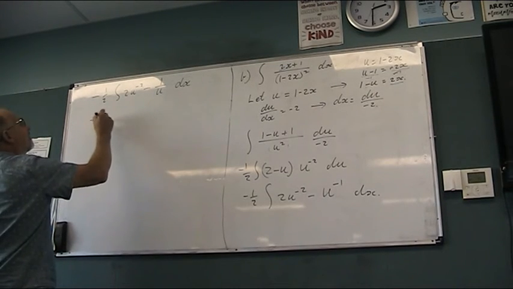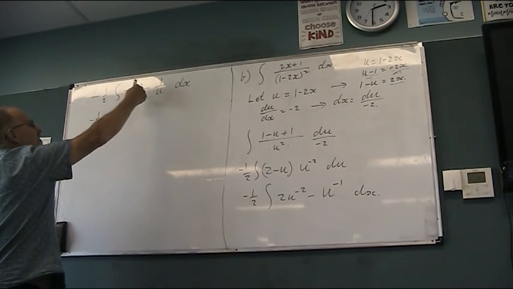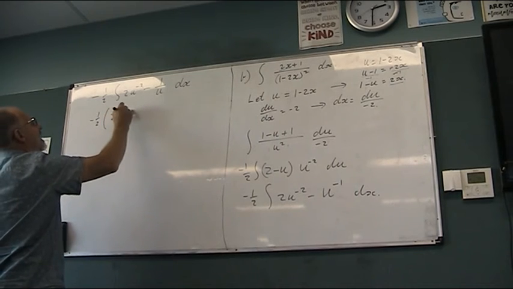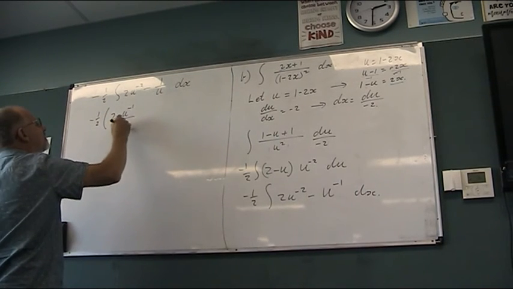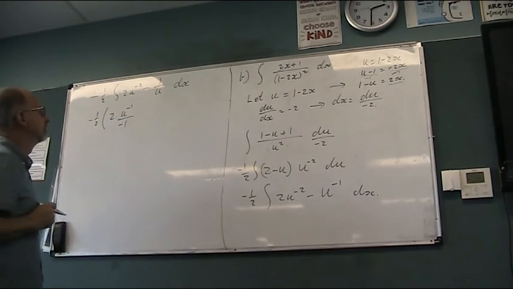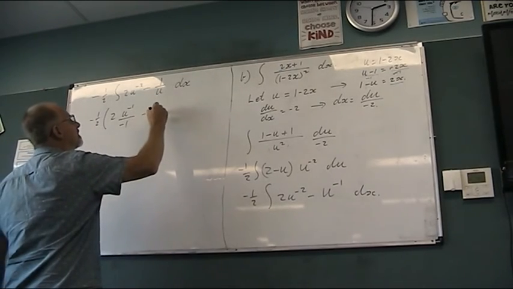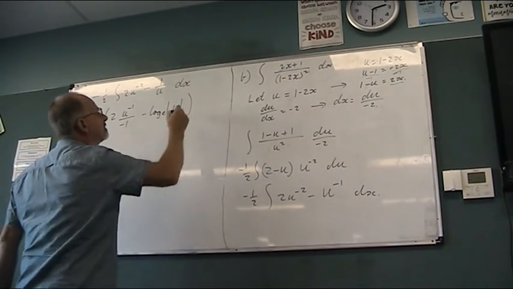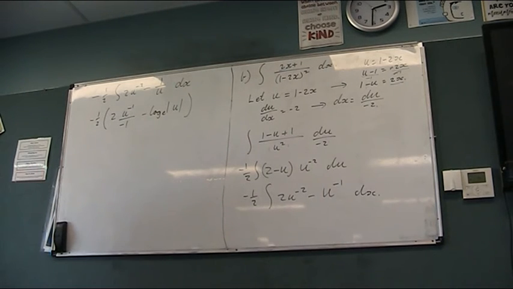So negative half, this one's simply just a polynomial. So increase the power by 1, divide by the new power, minus log to the base e, magnitude of u. Because it's an antiderivative, we don't need the plus c.